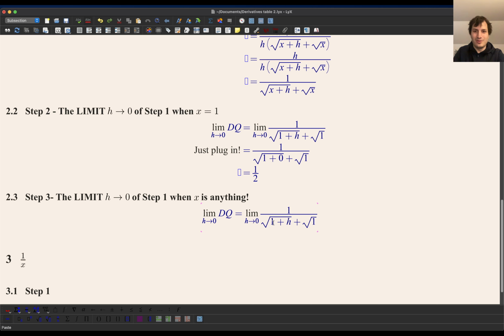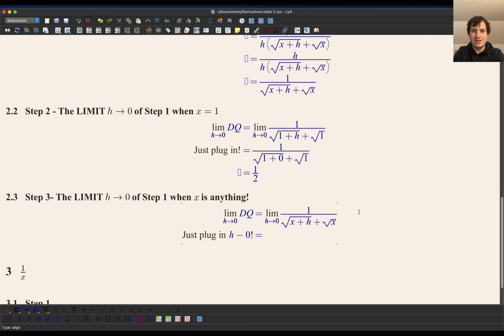So it was 1 over the square root of x plus h plus the square root of x, right? This was the formula that we came up with in step 1, and now we're doing the limit as h goes to 0. And like before, just leave the x's alone. We're just plugging in h equals 0. That's what we are doing. And it's okay because it's a continuous function of h. There's no 0 over 0 problem or anything like that.